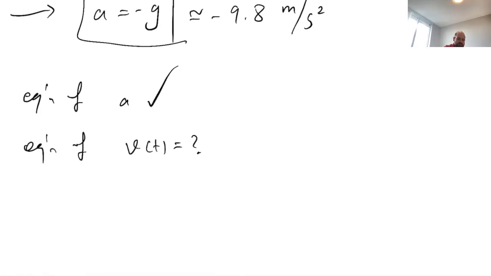So what do we know? We know that a of t should be the derivative of v with respect to t. So the derivative of which function will be a constant function?